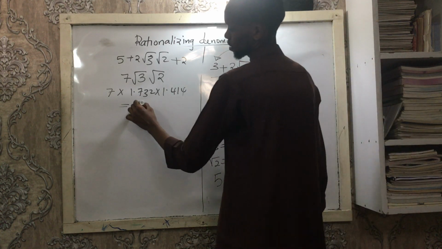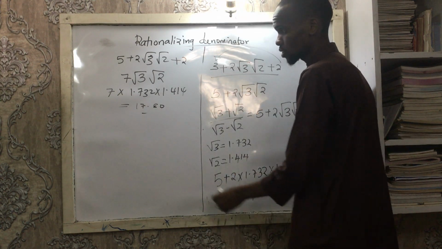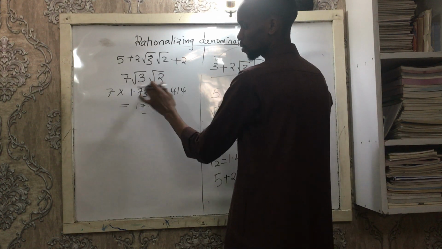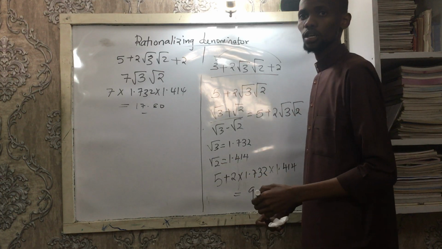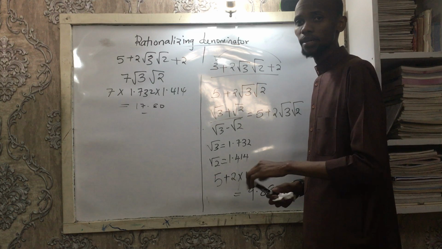Yeah, 17 point something, which is not our answer. The reason is because we added before we solved the roots, right, together. So you need first of all to solve with the roots and then you can add them later.